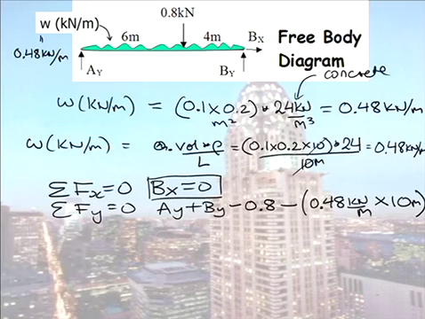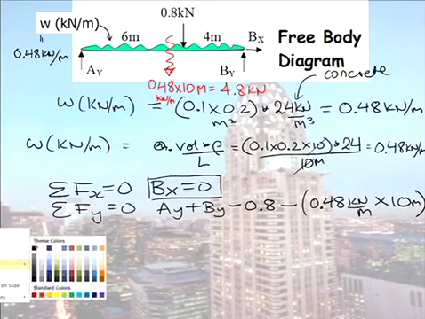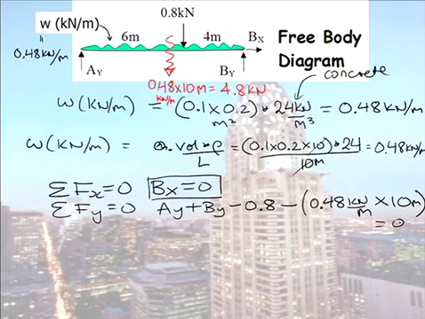Now, I'll draw it as a squiggly line. That's our equivalent load now here, 0.48 times 10 metres. So the weight of the floor weighs 4.8 kilonewtons. And all of that, once again, equals 0.